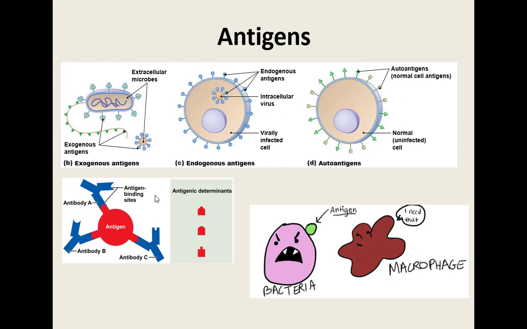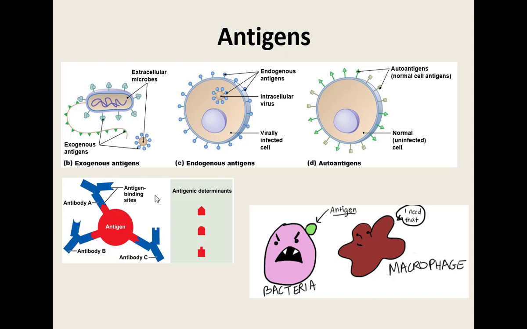What happens when a virus or a bacteria gets inside of one of our cells? Some of the antigens that that particular organism has are actually presented on the outside of our cells. So though this is an inside organism, those same little antigens are actually shown on the outside of the cells.